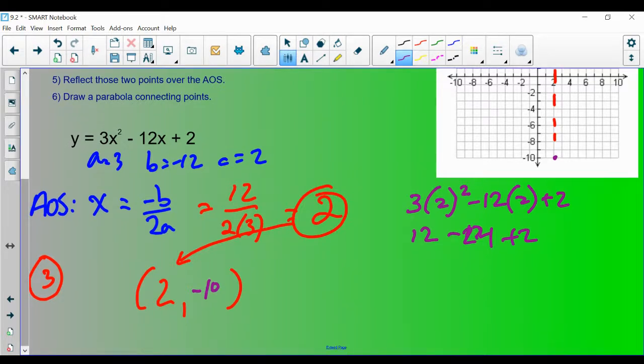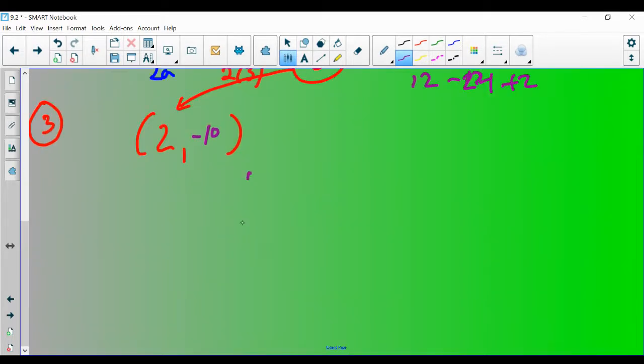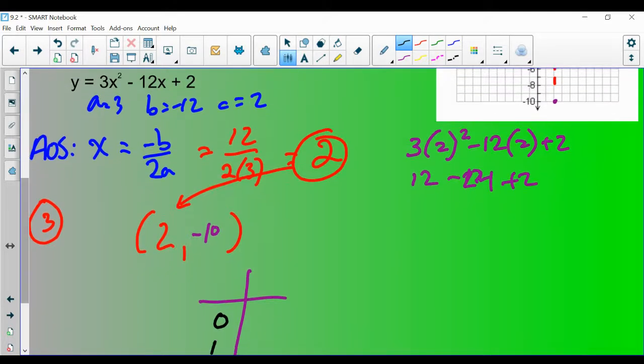What I want you to do next is to make your t-table, but put 2, -10 in the middle. You're going to add 1 underneath, so add 1, 3, add 1, 4, and subtract 1 here, 1, and then 0. And then plug in either 1 or 3. I don't really care which one. I would probably do 1 if I was thinking about it, but maybe 3 I would plug in too. It doesn't really matter. It's going to give you the same thing. 3 times 1 squared minus 12 times 1 plus 2.